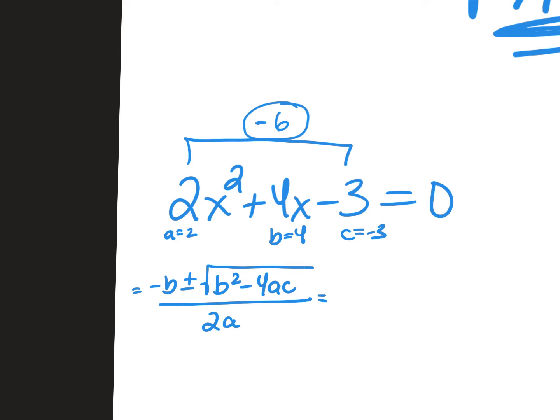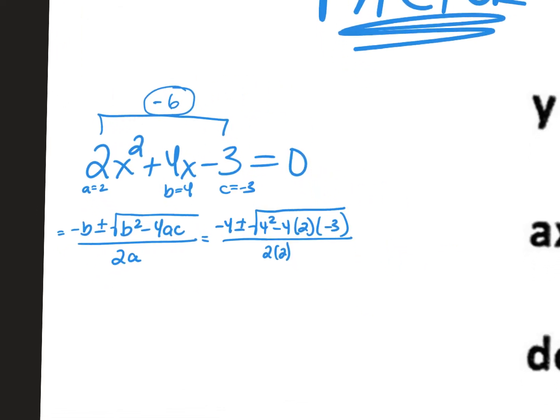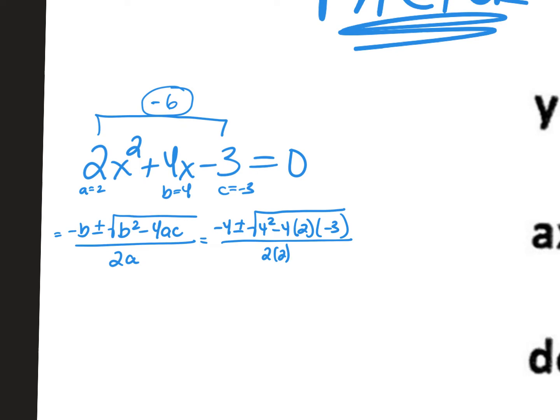So when we fill everything in, we have -b plus or minus the square root of b squared, which is 4. So 4 squared minus 4 times a is 2 times c, which is negative 3, divided by 2 times 2. Questions on where I got those numbers from? Okay, good. Now we just simplify, guys. Start from the beginning. I have my negative 4 plus or minus.